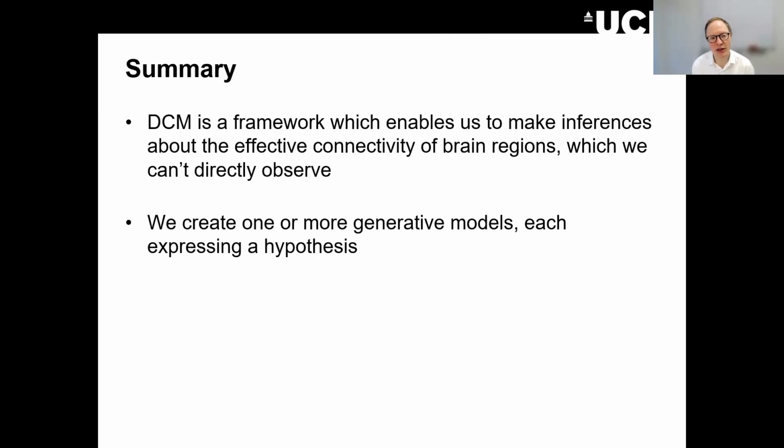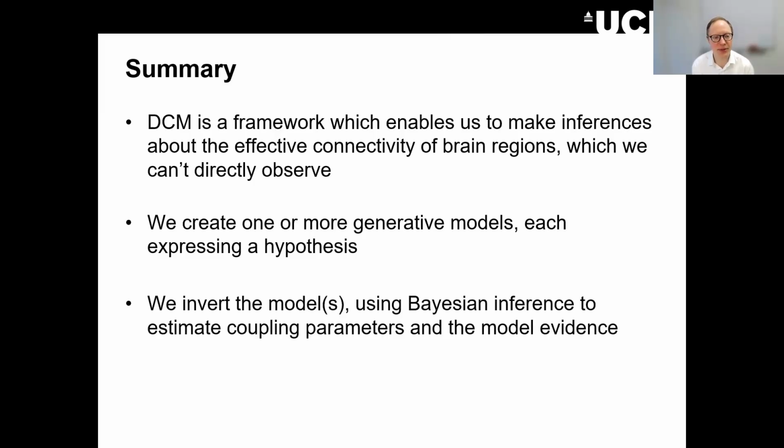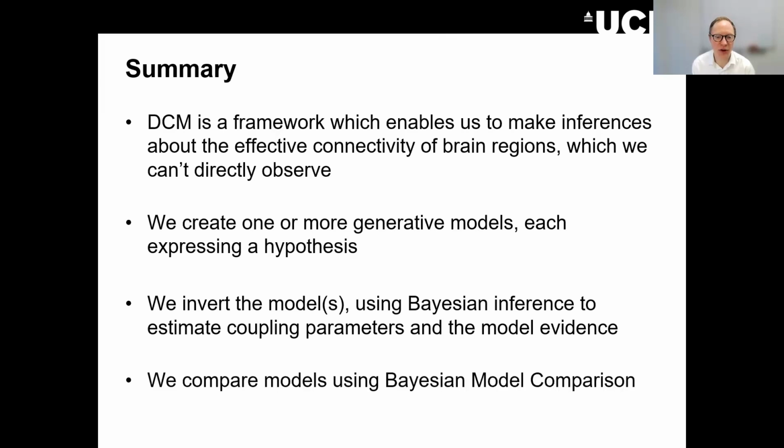We create one or more generative models, each expressing a hypothesis, and we invert those models, or estimate them using Bayesian inference, which gives us both an estimate of the coupling parameters, the connectivity parameters, and the log model evidence, the free energy. And finally, we compare different models using the free energy. That process is called Bayesian model comparison.